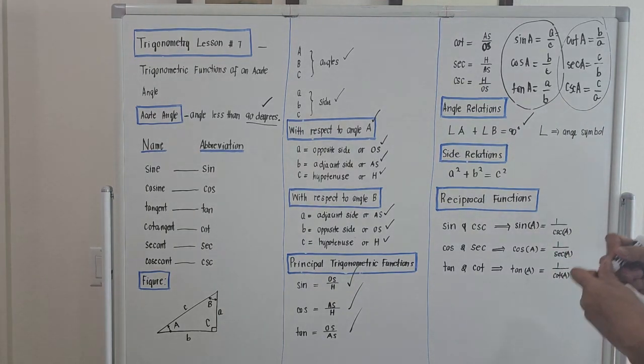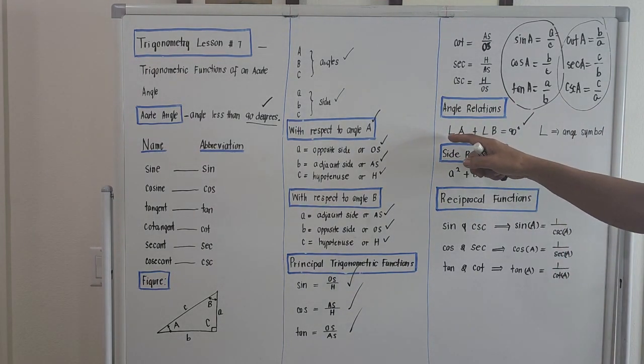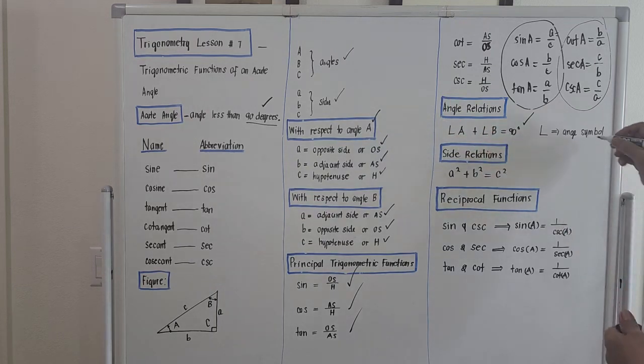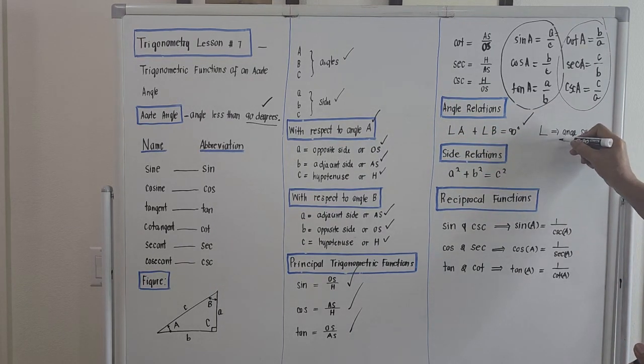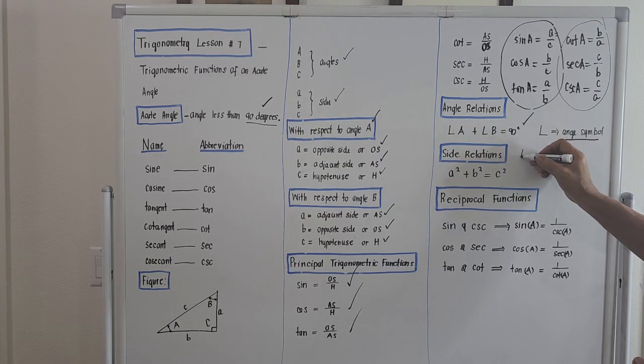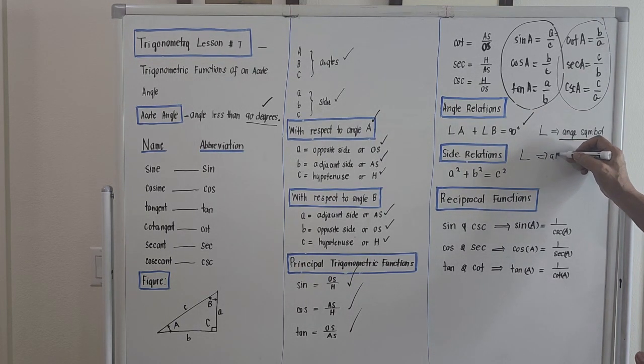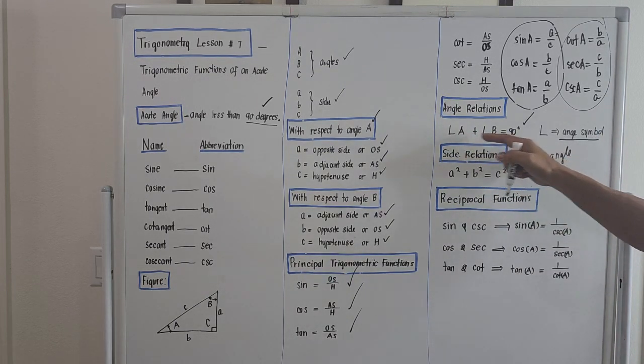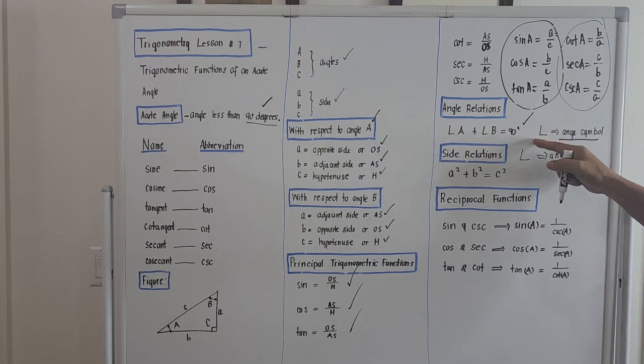This symbol, just like an inclined L, is actually the symbol for angle. So if I write like that, this means angle. If we read this, angle A plus angle B equals 90 degrees.